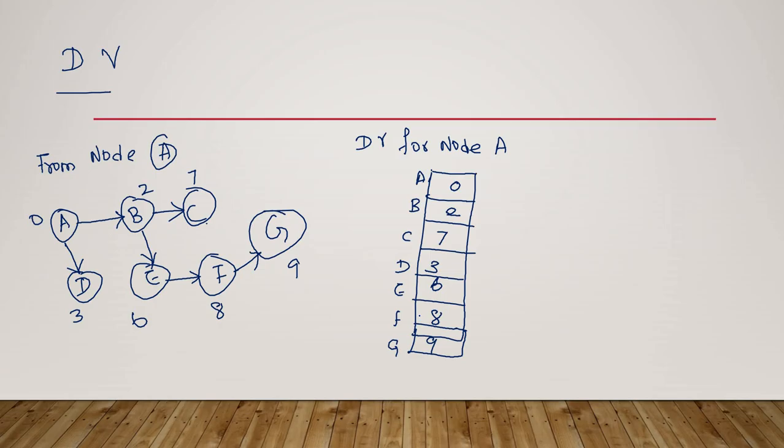First, the distance vector for the entire network. We have the graph like this. Initially A isn't aware of all the other nodes. It only knows the nodes that are directly connected to it. Based on updates only does it come to know about all the other nodes. So first, the distance vector for your initial network.